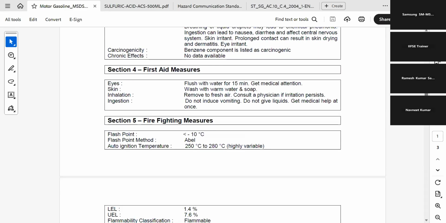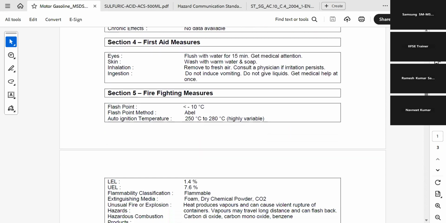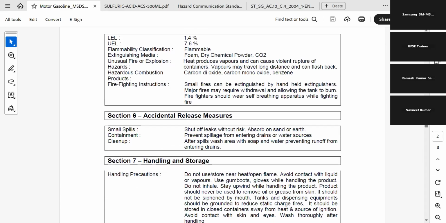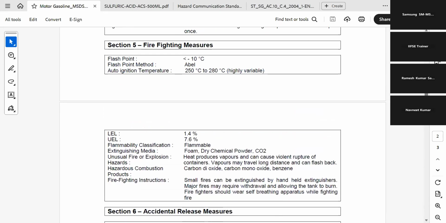Then first aid measures in case of an exposure to this chemical. What kind of first aid measures do we have to take? Then firefighting measures, and in case of fire, what we have to do. As I mentioned, the LL is 1.4% and the UL is 7.6% in the atmosphere. If you take a volume of 100%, this will be the range.